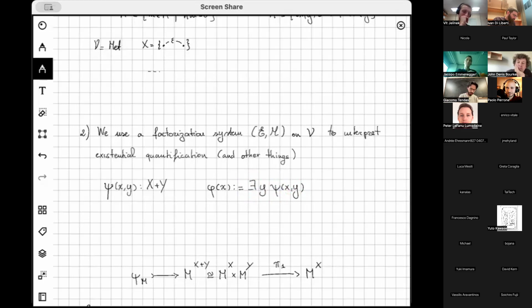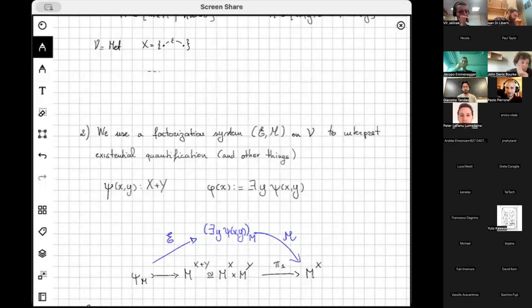We simply do again the (E, M) factorization, as I explained in the ordinary context. So we take the interpretation that we already have, project down, and that will be the interpretation of existential quantification. Okay, so that's a quick way to say how things change from ordinary to enriched. We have non-discrete arities, and existential quantification takes on a different meaning because we are not considering surjections anymore.